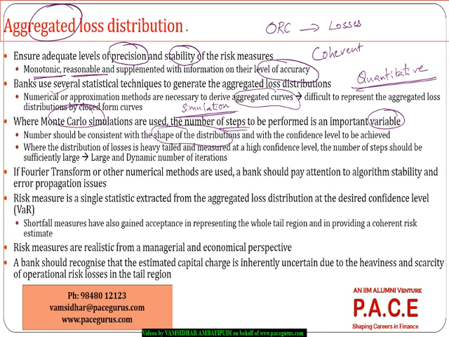Now, if the distribution of the losses is heavy tail and I'm trying to measure at a very high confidence level, heavy tail and a high confidence level, the number of steps should be sufficiently large, and vice versa. So I can see when I should have more steps and when I should have fewer steps in any simulation activity.